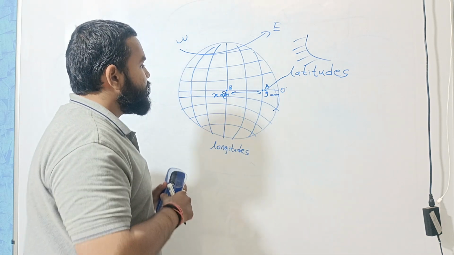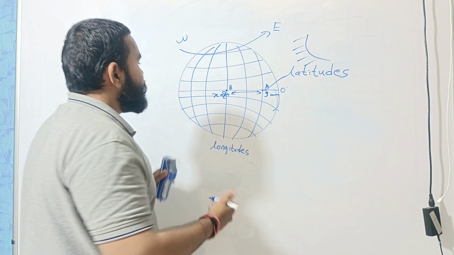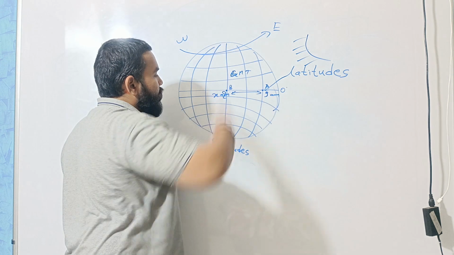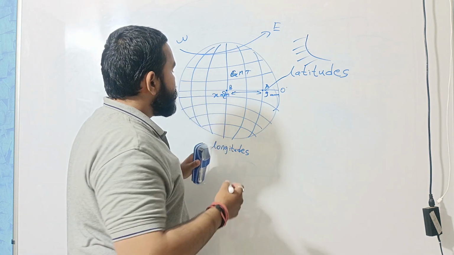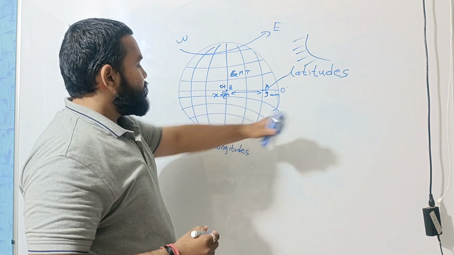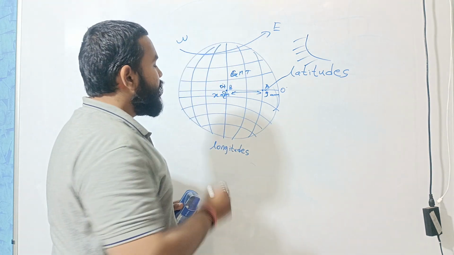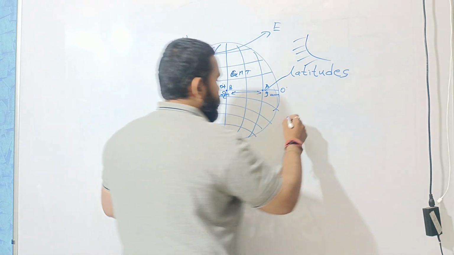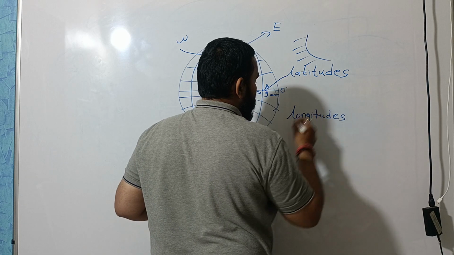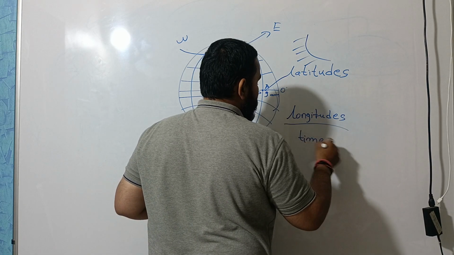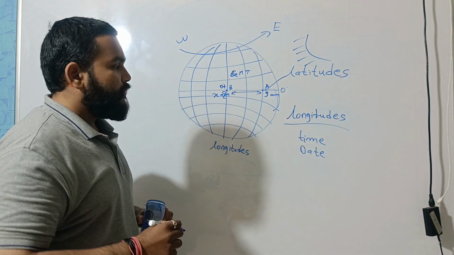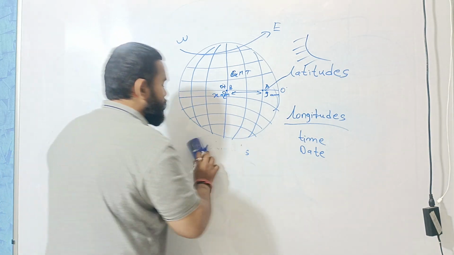Most important, this is the GMT line, Greenwich time, which we consider as the zero point from where we consider all our timelines. So basically, remember this: longitudes decide time and date. How? I'll tell you.